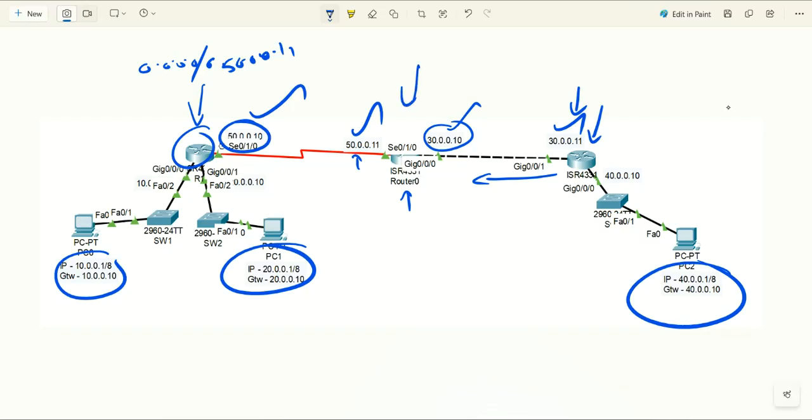We are going to write precise detailed routes saying if you are going to 10 network, go to where? 50.0.0.10. And if you are going to 20 network, what is the gateway? Yeah, 50.0.0.10. If you are going to 40 network, tell me what?